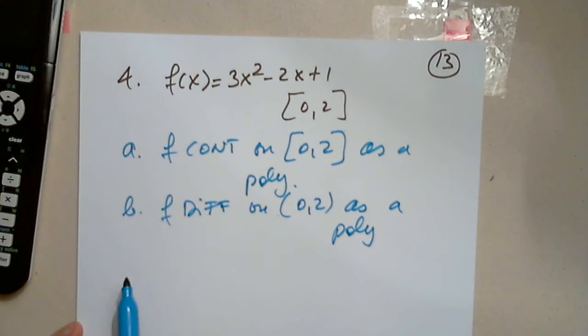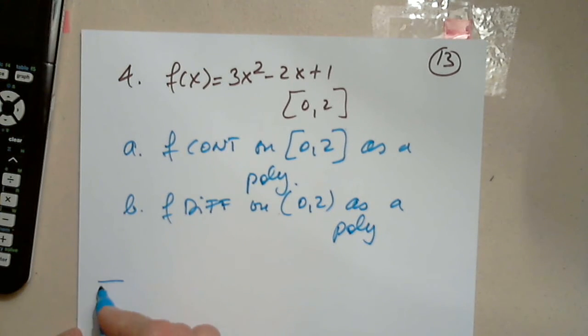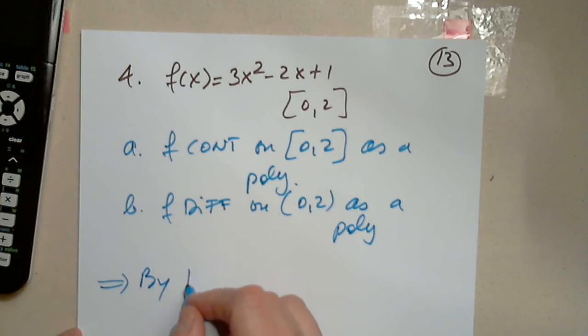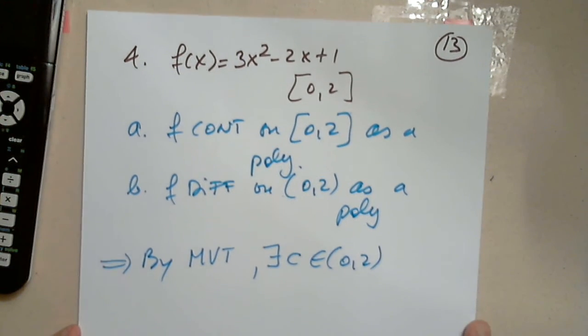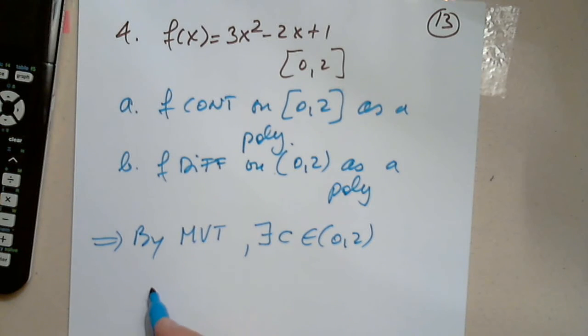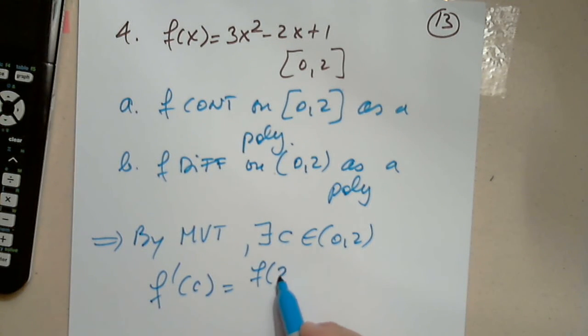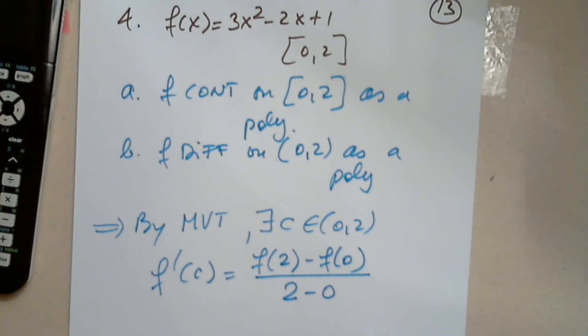Now, there is no third hypothesis here. Immediately we go to, by the mean value theorem, there exists a c in the open interval 0, 2, but now f prime of c equals f of 2 minus f of 0 over 2 minus 0. The rate of change is the same as the rate of change between those 2 points A and B.